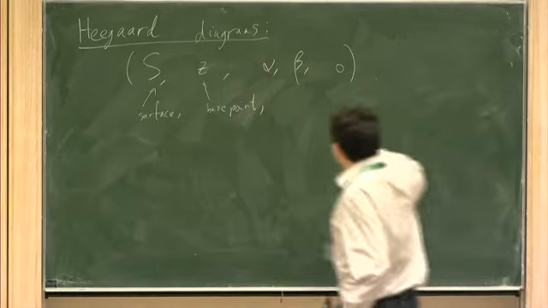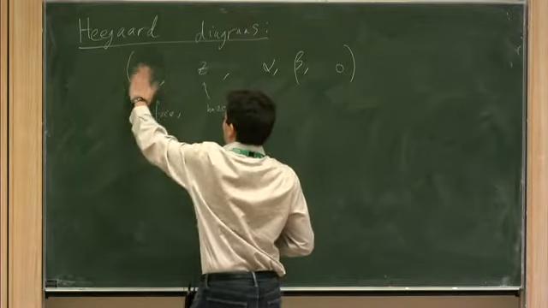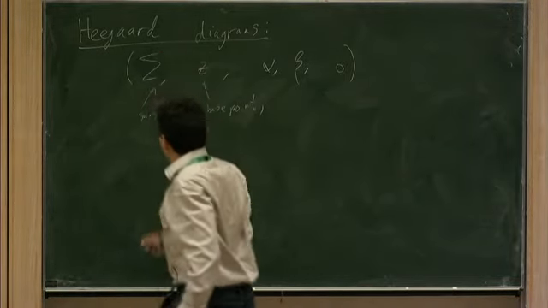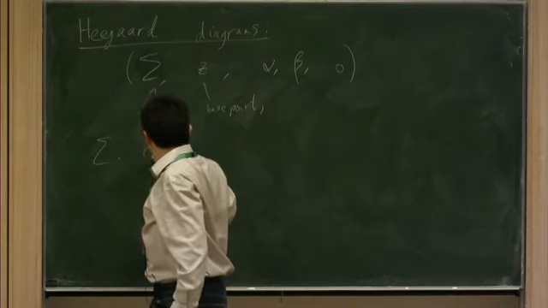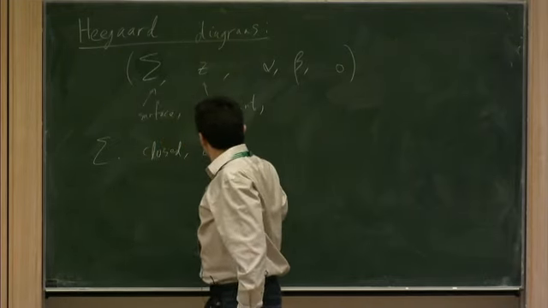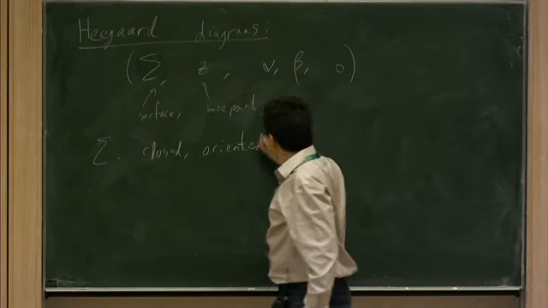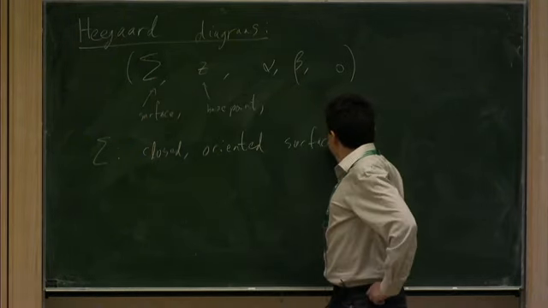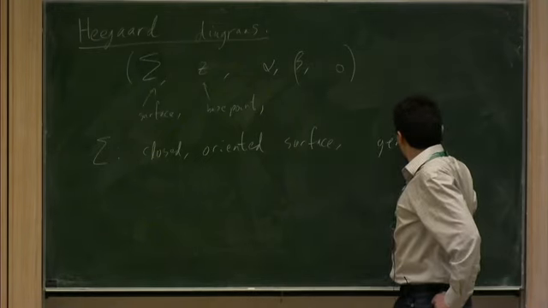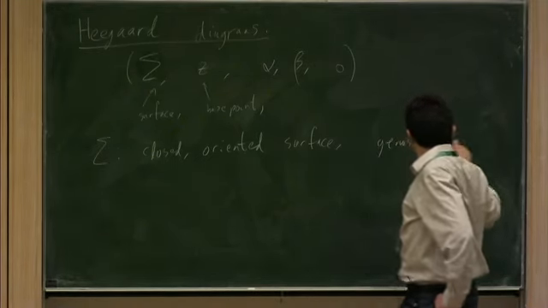So what are these things? Actually, I want to call my surface sigma. So sigma is going to be a closed oriented surface of genus G, let's say.